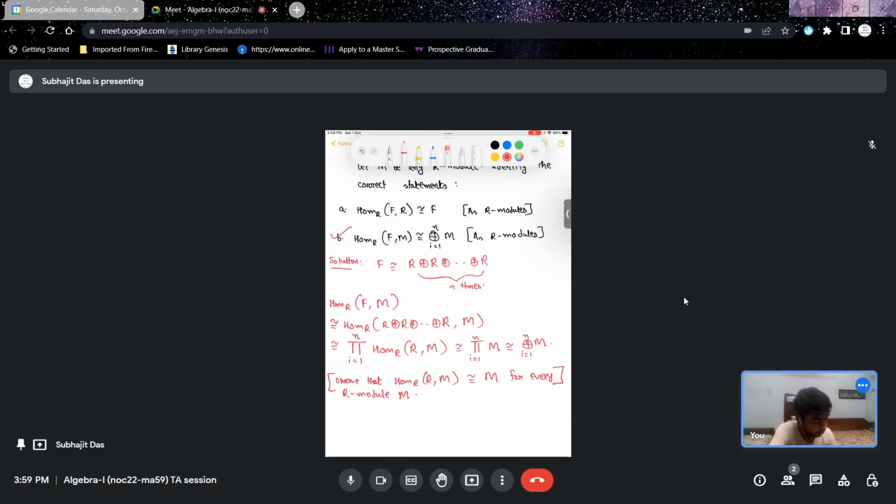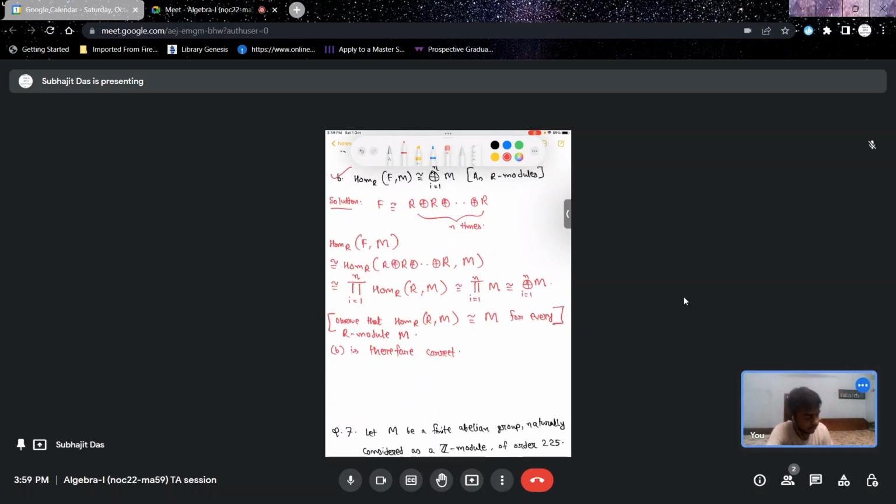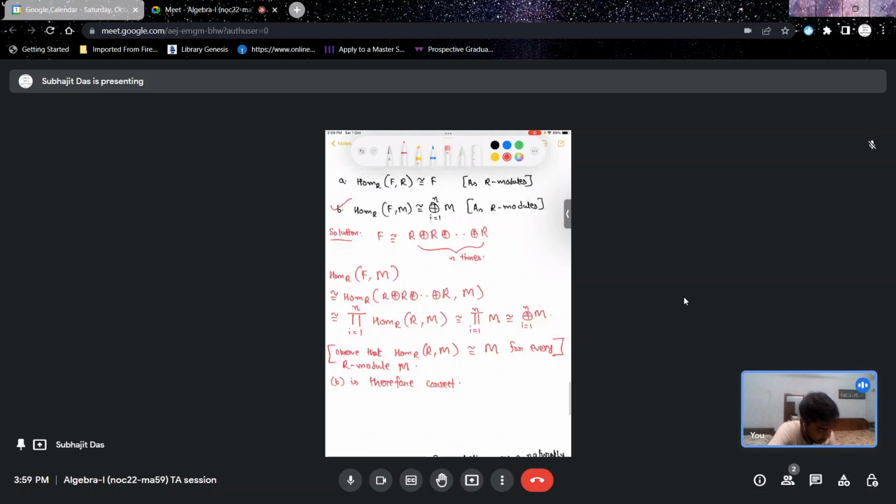So B is therefore correct. And what about A? A follows easily in the same way. Hom(R, F) is isomorphic to, as we have already done from B, the direct sum i running from 1 to n of R. Just put R in place of M here.